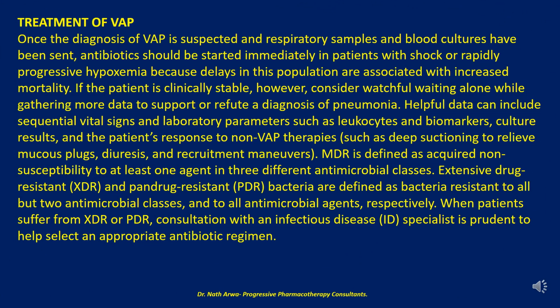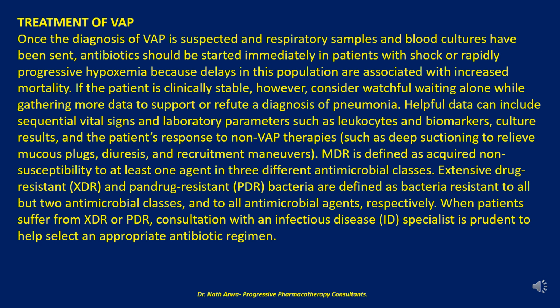We will now discuss the treatment of ventilator-associated pneumonia. Once the diagnosis of ventilator-associated pneumonia is suspected and respiratory samples and blood cultures have been sent, antibiotics should be started immediately in patients with shock or rapidly progressive hypoxemia, because delays in this population are associated with increased mortality.